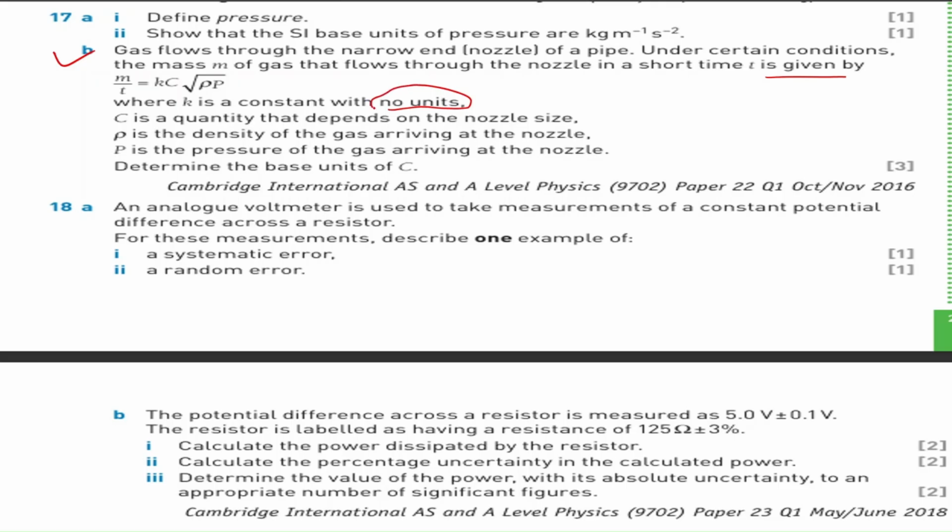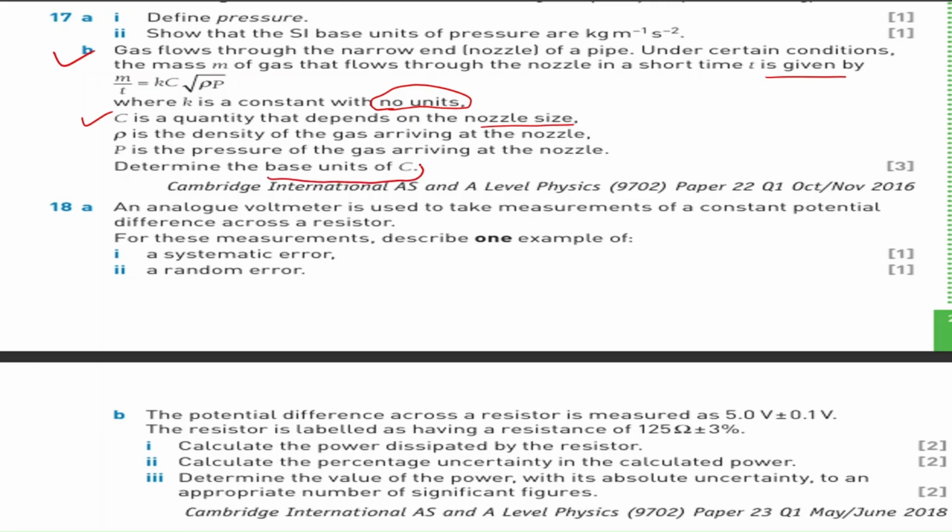So try to remember while solving this question, k has no unit. Here c is a quantity that depends on the nozzle size, but they didn't mention the unit of c. Now rho we know is density, given by kilogram per meter cube, mass per unit volume, around the nozzle, and p is the pressure. So we have to find the base unit of c.